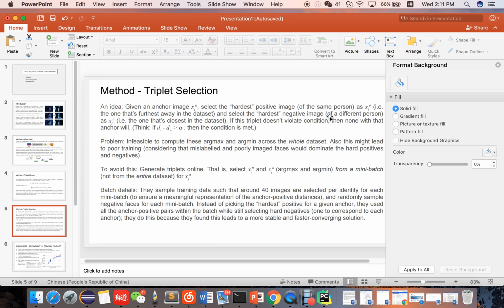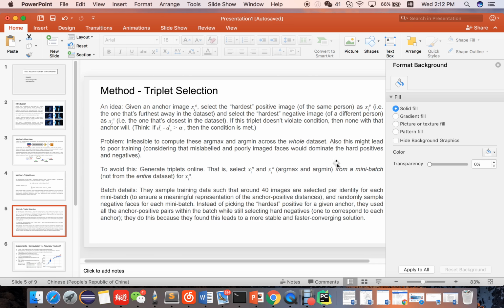If we satisfy those two conditions, any other triplet will not violate the formula that we showed above. It's this formula.